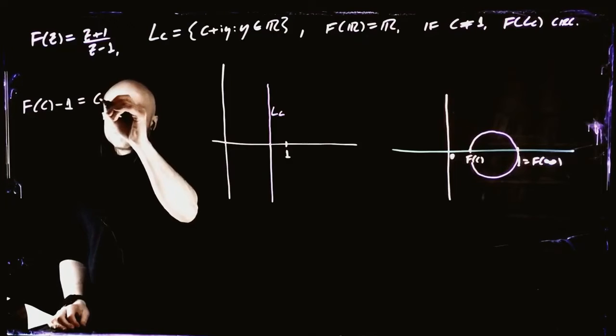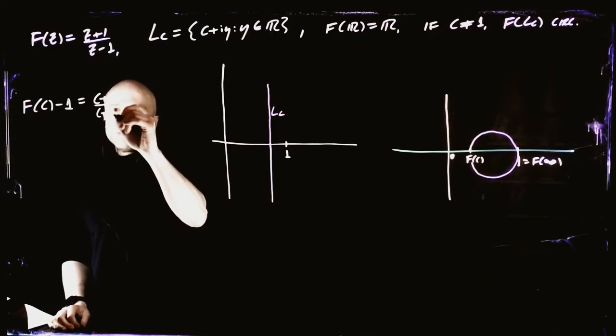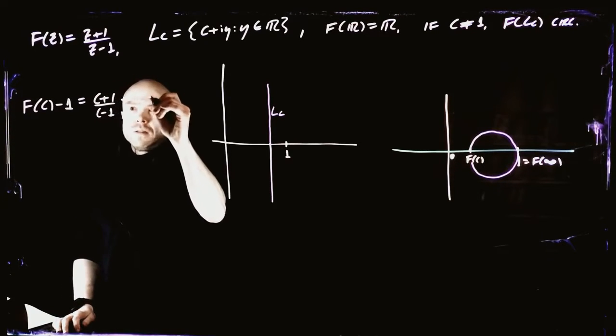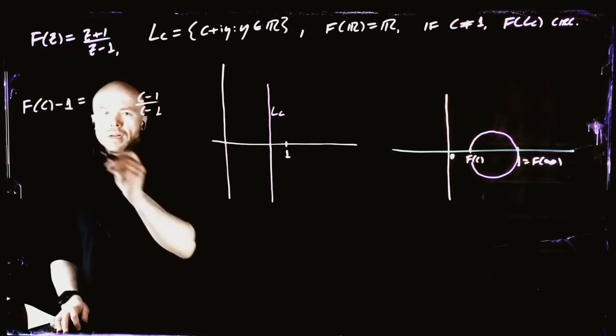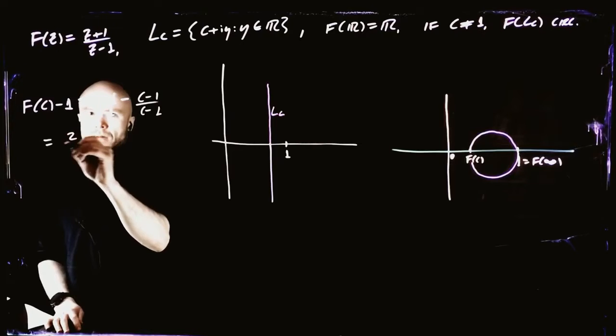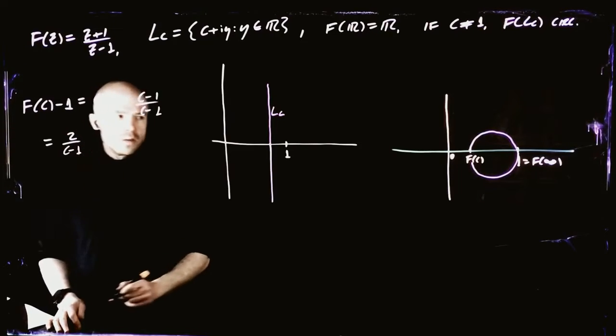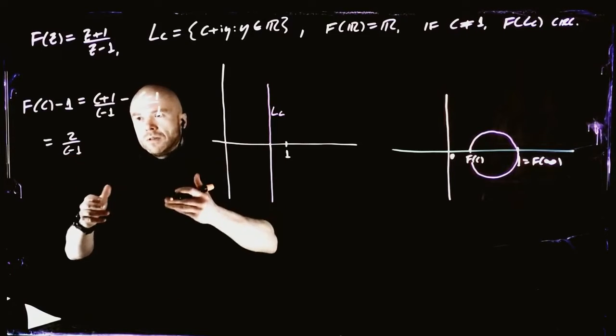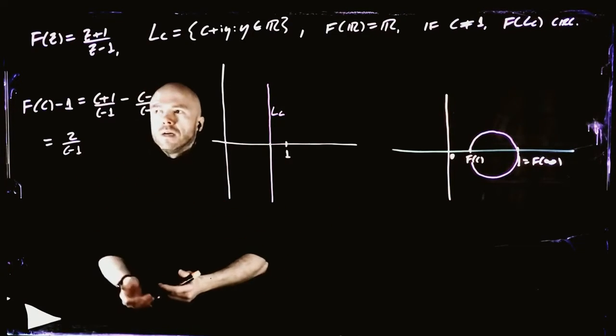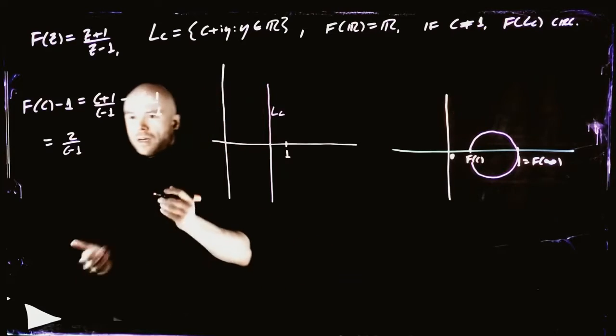We have c plus 1 over c minus 1, and then minus, let's write this 1 as c minus 1 over c minus 1. And then we're going to have this cancellation. We get 2 over c minus 1, which is convenient because it says that if c is less than 1, then this quantity is negative, and therefore we are on the left-hand side, right?